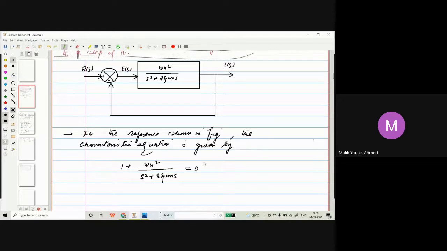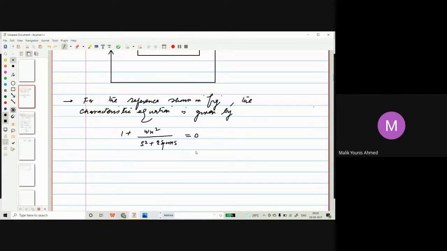This is the way to write a characteristic equation. If we solve this, we get s square plus 2 xi omega n s plus omega n square equal to 0. Let's call it equation number 1.